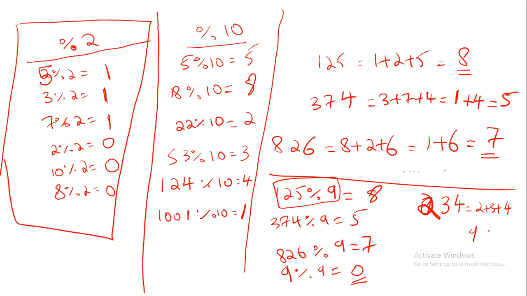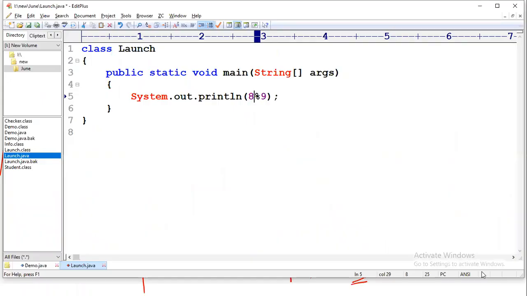And what is 9 mod 9? The answer will be 0. Now, the digit sum is 9, but when you use the modulus operator, 234 modulus 9, the answer will be 0.